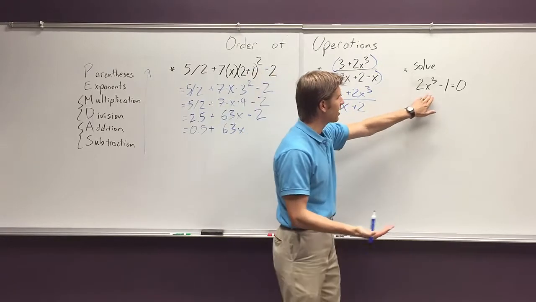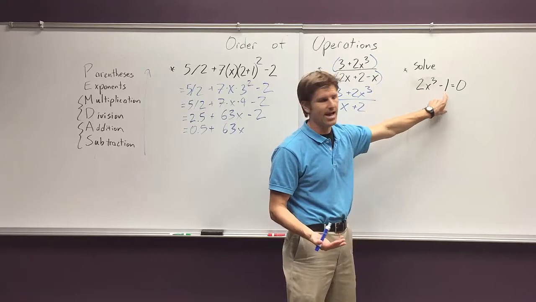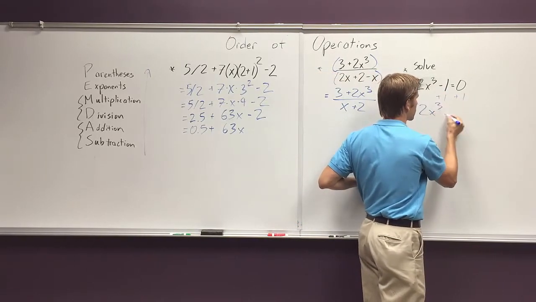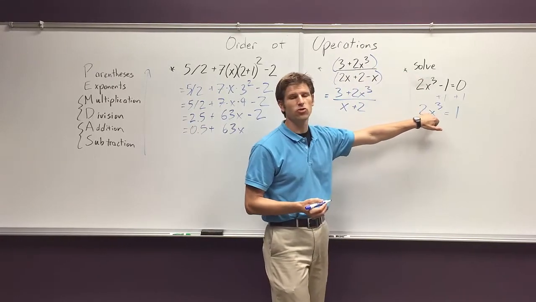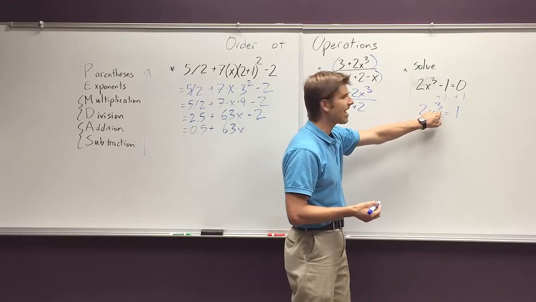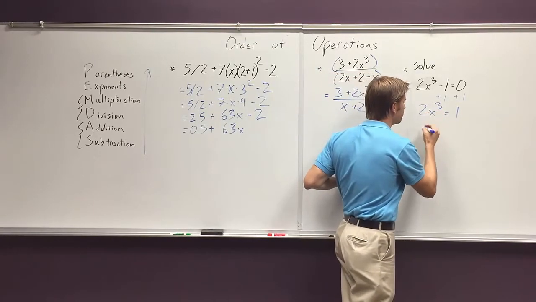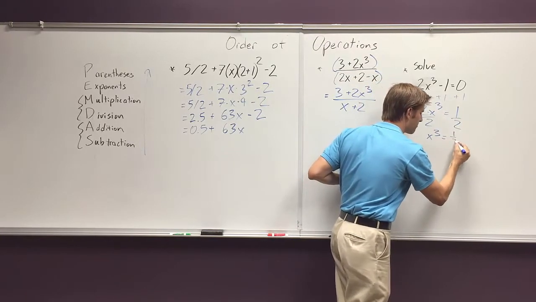So how do I get x by itself? First, I recognize that -1 is least attached, so I add 1 to both sides. Next, I recognize that times 2 is less attached than the exponent to the third. So I divide both sides by 2, so x to the third equals 1/2.